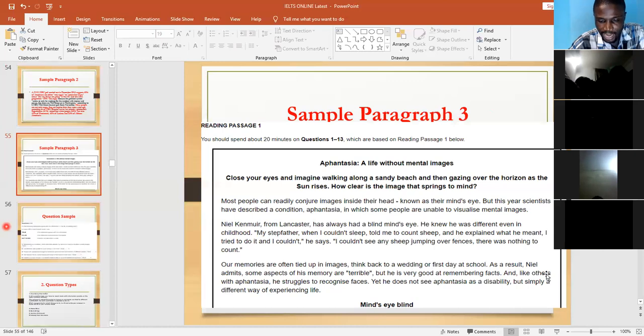As a result, Nell admits some aspects of his memory are terrible, but he's also very good at remembering facts. Like others with aphantasia, he struggles to recognize faces. Yet he does not see aphantasia as a disability, but simply a different way of experiencing life. So the last part is talking about, what is it talking about?